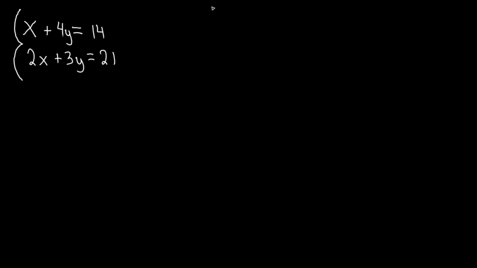Now here's a little bit harder of an example. The first thing you would want to try and look for in this one is our top equation here. We can rework this to figure out what x is alone. And that's what we'll want to do right off the bat. So if we take that out here, x plus 4y equals 14.